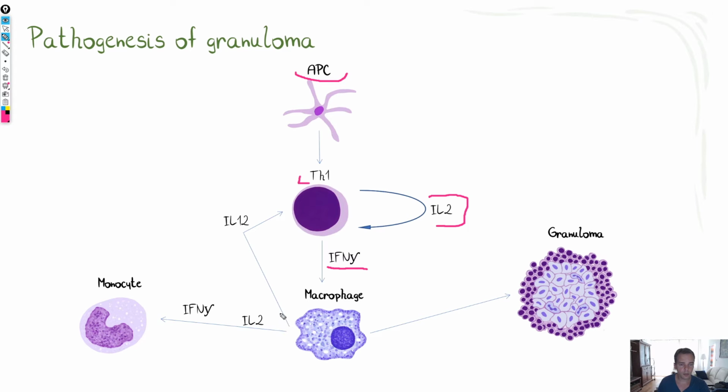First, as some sort of positive loop, it is able to stimulate the Th1 lymphocytes even more by production of various cytokines, for example interleukin 12. The macrophages also stimulate monocytes from the circulation by production of other cytokines, and they also transform themselves into granuloma. So this is basically the pathogenesis of granulomatous inflammation.